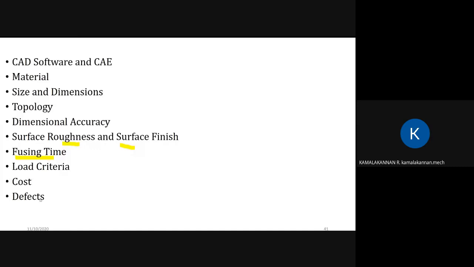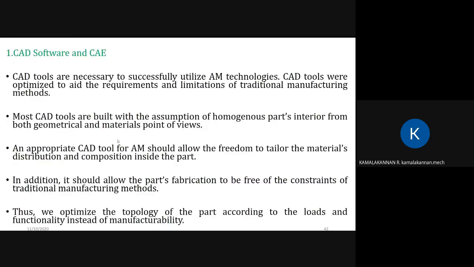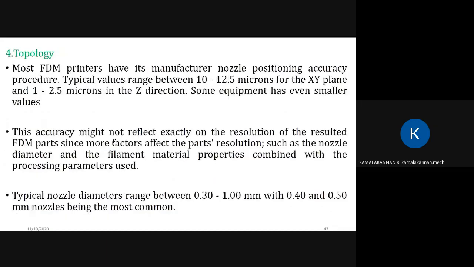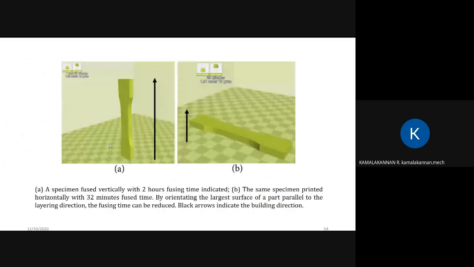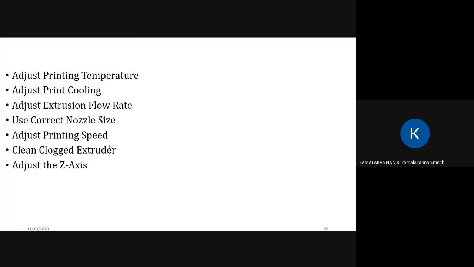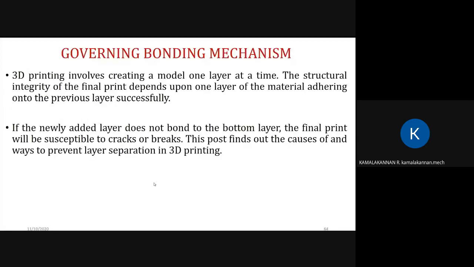The next topic is the governing bonding mechanism. The governing bonding mechanism might be an older topic, because it is nothing but how, in layer addition, you know what we mean by layer addition. We have talked about it today, and even in earlier classes we have seen what layer addition is.